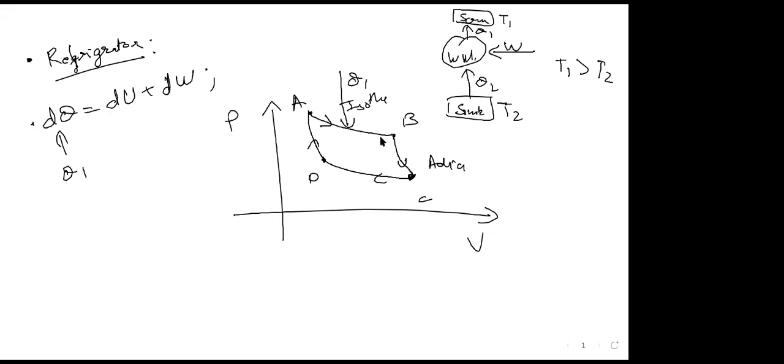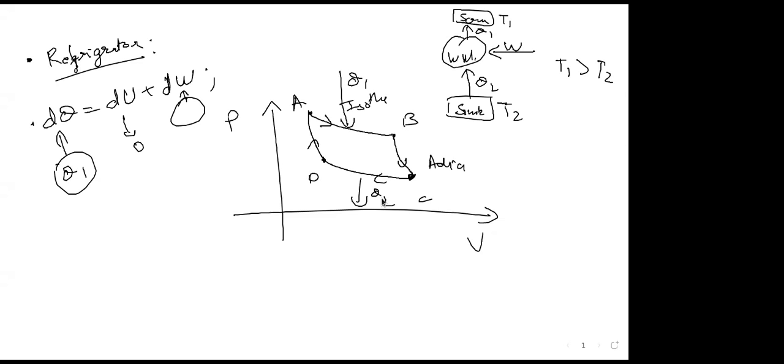Since this is an isothermal process, dU is zero, because dU is just CV dT, and AB is isothermal, so dT is zero. So dU is zero, and so all the Q1 is just going into doing work, right? So AB में Q1 आया, and CD से it's essentially the same thing, but Q2 is going out, right?